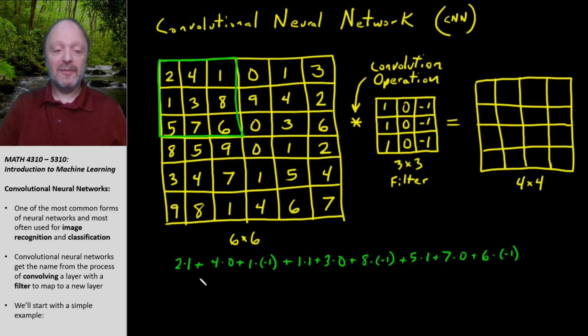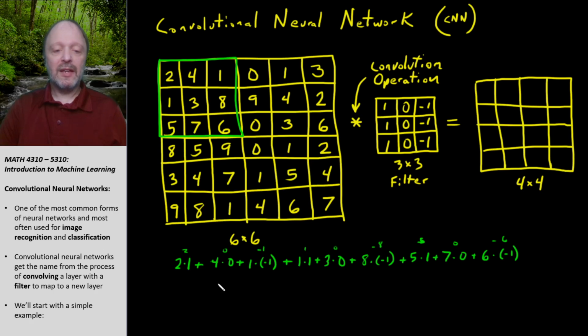Now, let me see what we get here. So 2 times 1 is 2, 4 times 0 is 0, 1 times -1 is -1, 1 times 1 is +1, 0, -8, 5, 0, and -6. That's a 5. Alrighty.